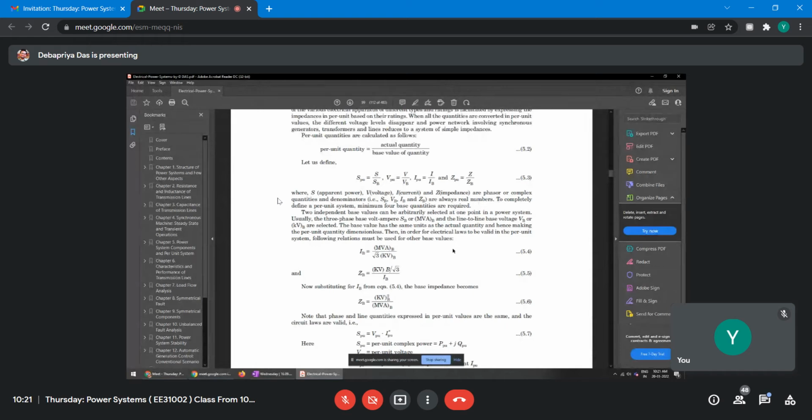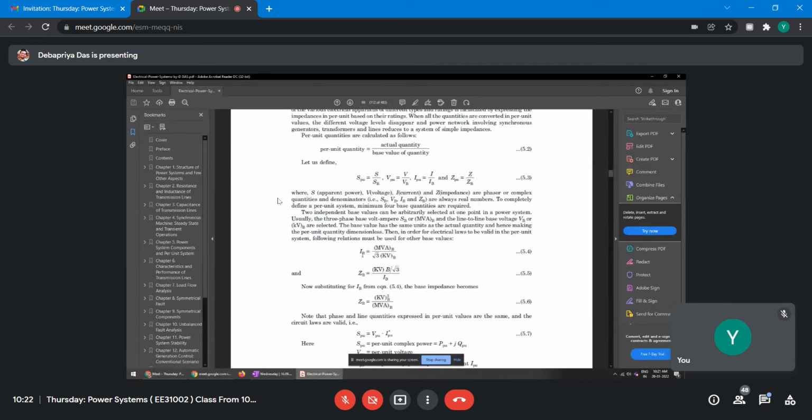These two things you have to choose, right? For example, usually the three-phase base volt-amperes SB or MVA base and the line-to-line base voltage VB or kV base are selected. Whenever voltage into current is equal to apparent power, but it is three-phase, that's why root 3 into IB into kV base is equal to MVA base, right?